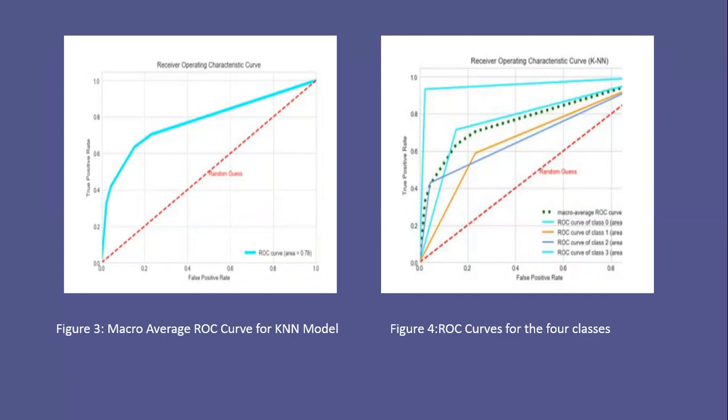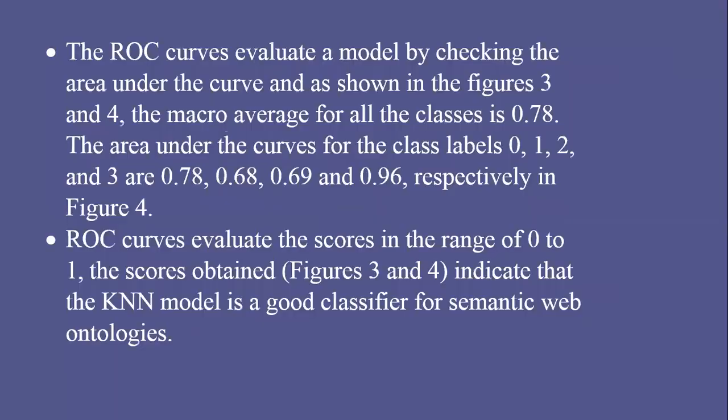In figure 3, there's the macro average for the 4 quality dimensions, or the 4 classes for that matter. And in figure 4, we can see the 4 different ROC curves for each and every class, including a macro average for the 4 classes. The receiver operating curves evaluate a model by checking the area under the curve.